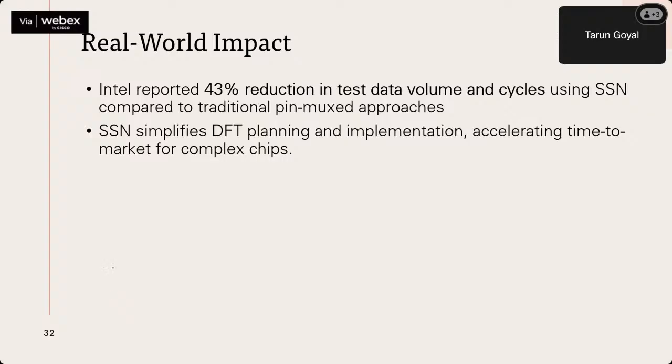Now coming to the impact. This is from public domain reports which I'm sharing here for a moment. Intel reported a 43% reduction in test volume and cycles using the SSN compared to traditional pin-based testing, which we are using.